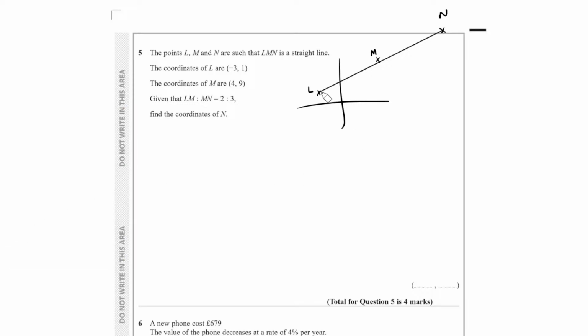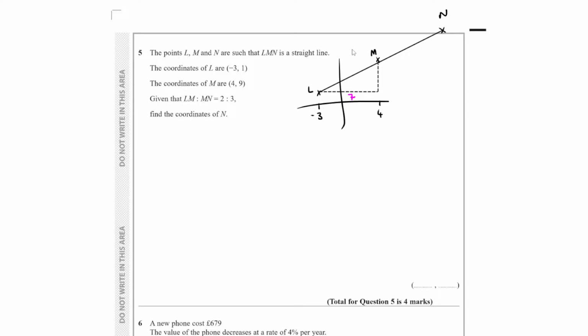What I would probably do is just work out horizontally and vertically, just those two measurements, rather than just a diagonal. So what I mean by that is obviously this one, L was at -3, wasn't it? And then M was at 4. Do you see how that distance there is 7, isn't it? The distance between them horizontally is 7.